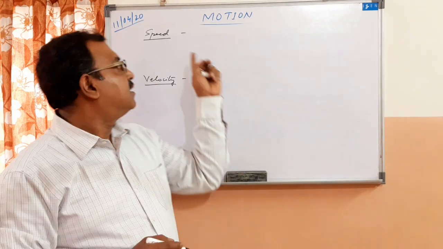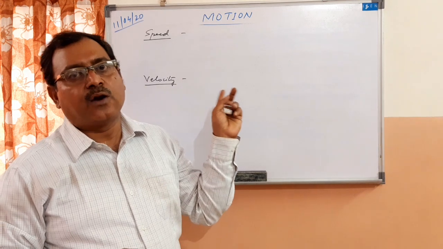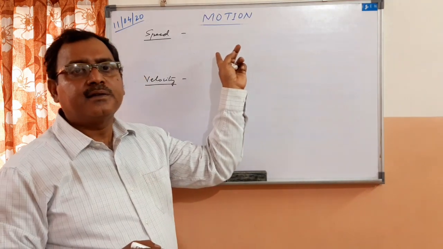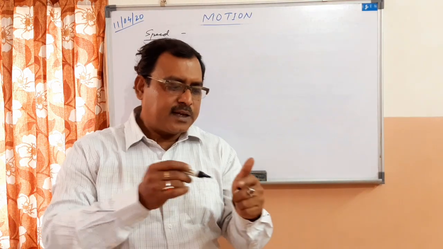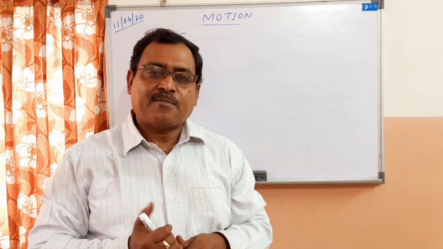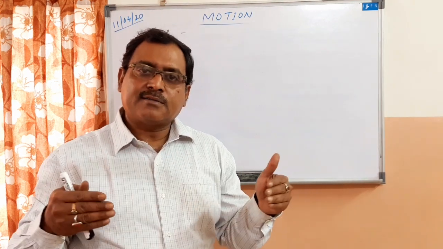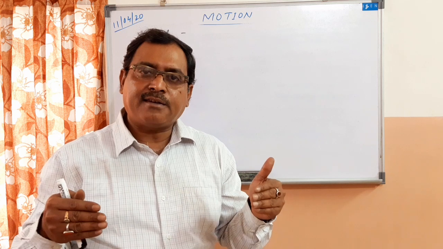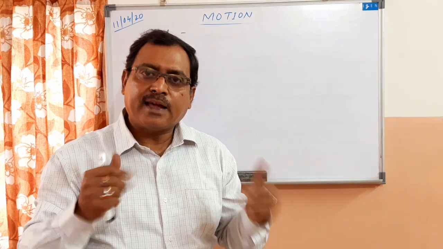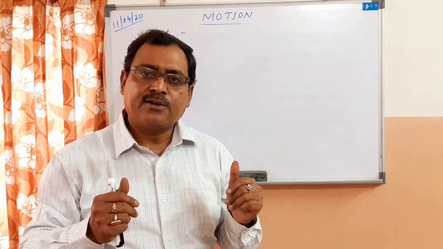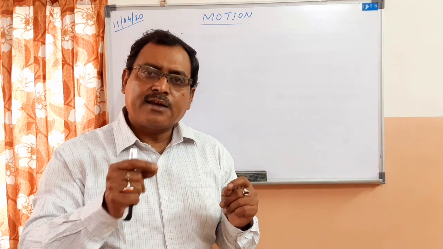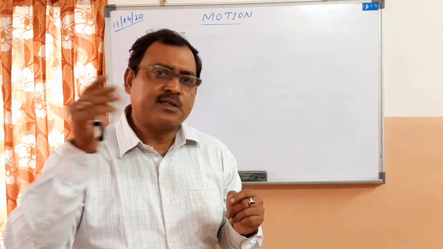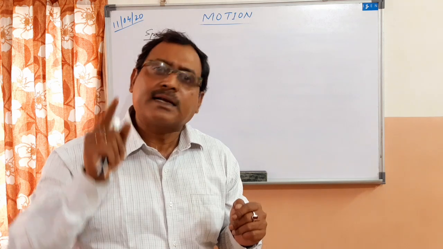Next we will start speed and velocity. Now what is speed? All of you know. Supposing in a race, all the boys are made to stand in a line and then the gun is fired and everybody starts running. So whoever reaches the end point at first, you will say he has moved with maximum speed.